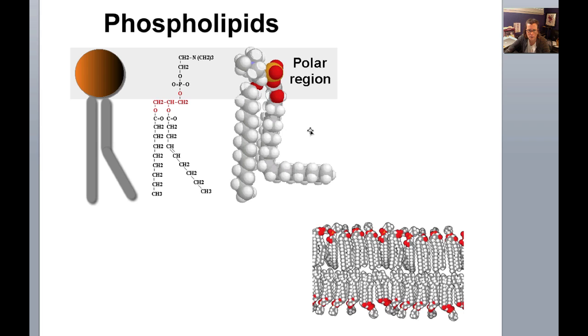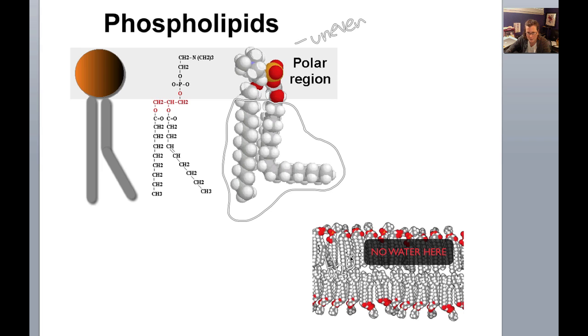And non-polar means that it is actually of the same charge. Remember, water is a polar molecule, which means it has an uneven distribution of charges. So you basically won't find water in here when these get together in the molecule.